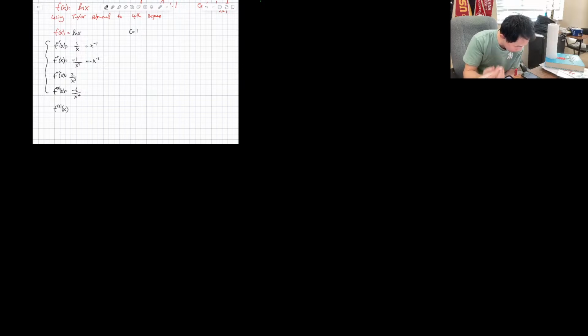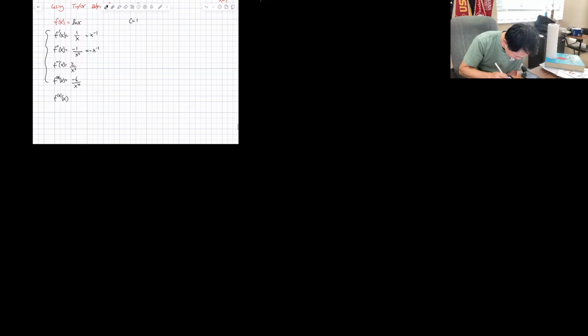Is that okay? And f to the 5th of x. Now, this is to build your Taylor polynomial; stop at 4 degrees. The 5th degree is used to find error, and we're going to go to the error part. It's going to be 24 over x to the 5th. Is that okay?